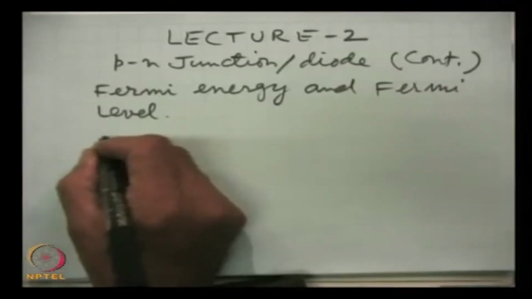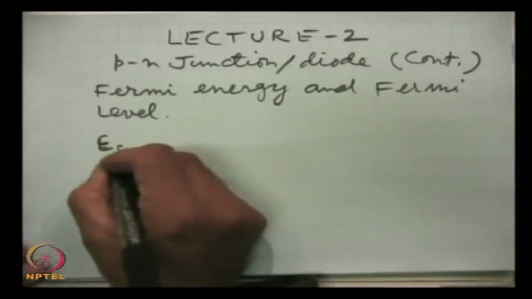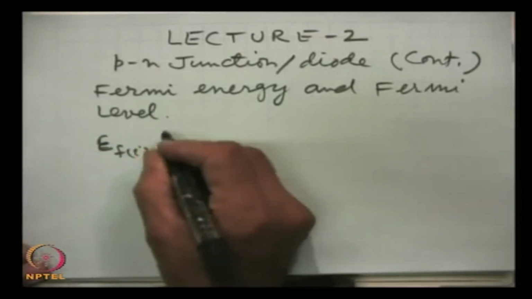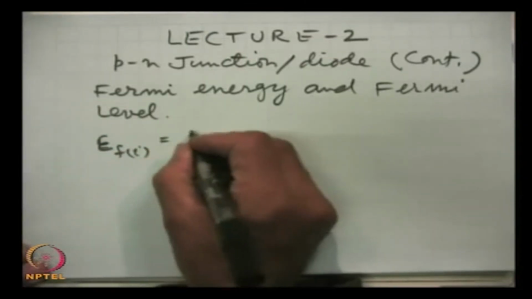Now, for a semiconductor, the expression for Fermi energy is this. First, we consider the intrinsic material.